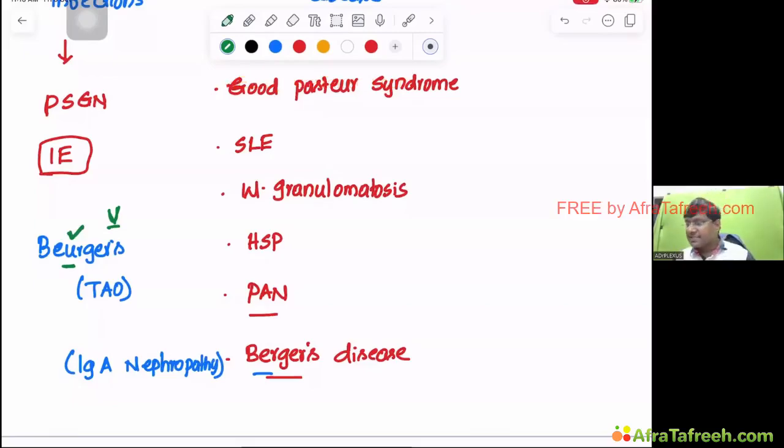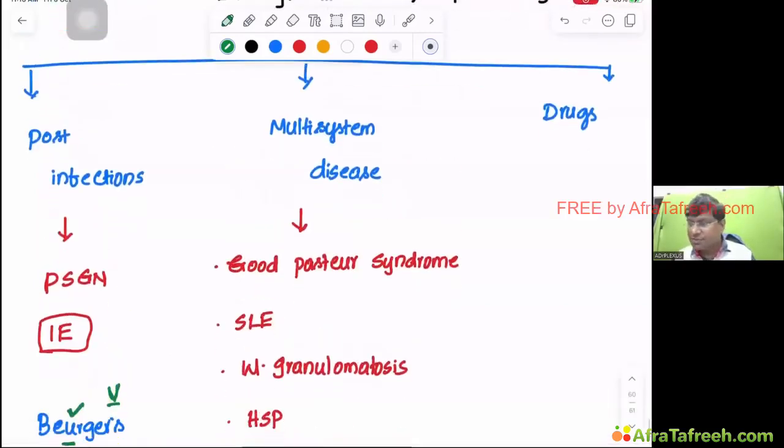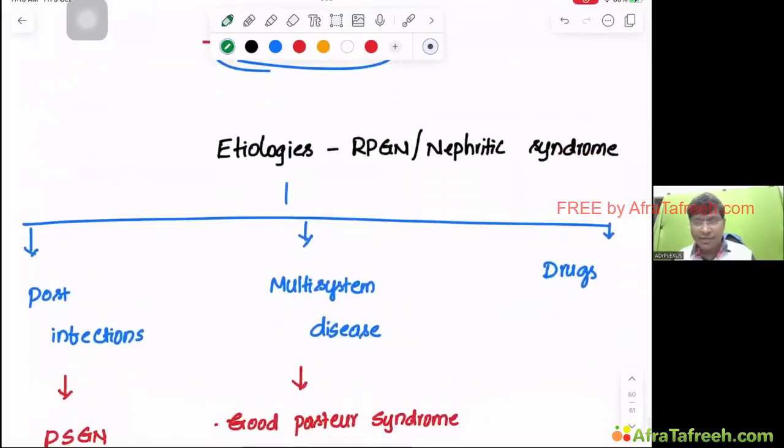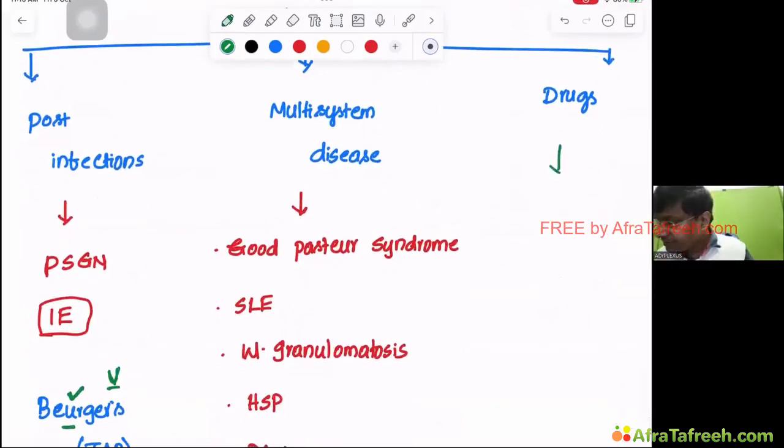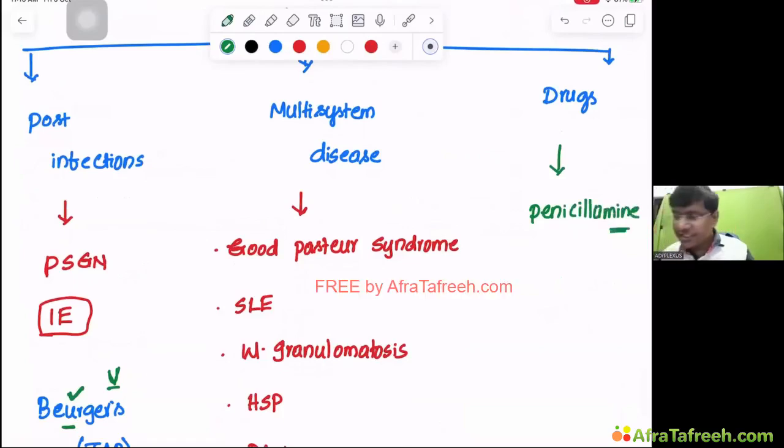Okay. Now, these are the multiple system diseases which will cause the nephritic or rapidly progressive glomerulonephritis. Then we have drugs, that is penicillamine. So can anyone tell me, penicillamine is also associated with which form of nephrotic syndrome?